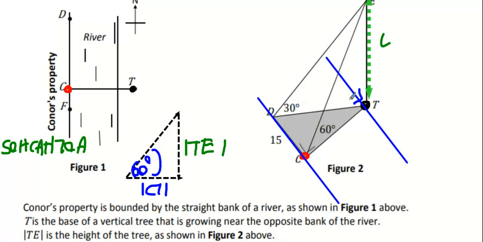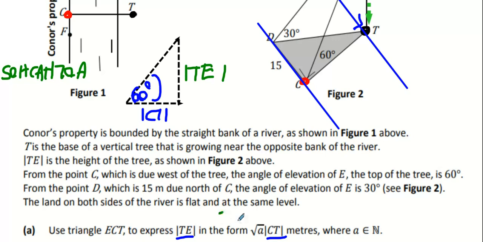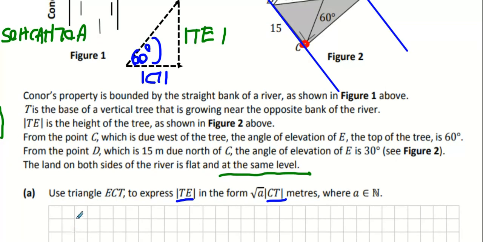The reason it's a right angle triangle is that E is directly above T, and D, C, and T are all on level ground, even though they're on opposite sides of a river. It specifies that they're all on the same level. So, therefore, we're going to use tan 60 equals TE divided by CT.